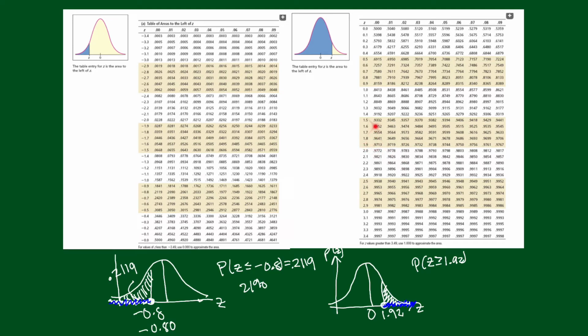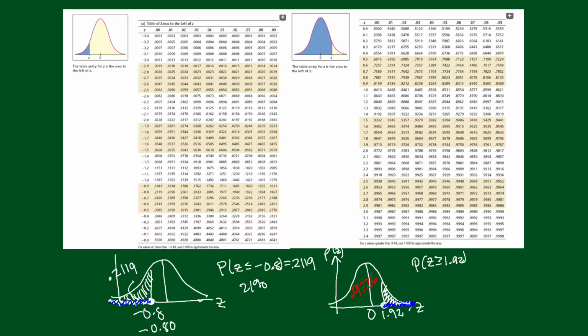Here's a 0 column, here's the 1 column, here's the 2 column. So 1.92 is right there. That area is 9726. That's this area here, because the table reads to the left. So the area they're giving is 0.9726. But that's not what we want.